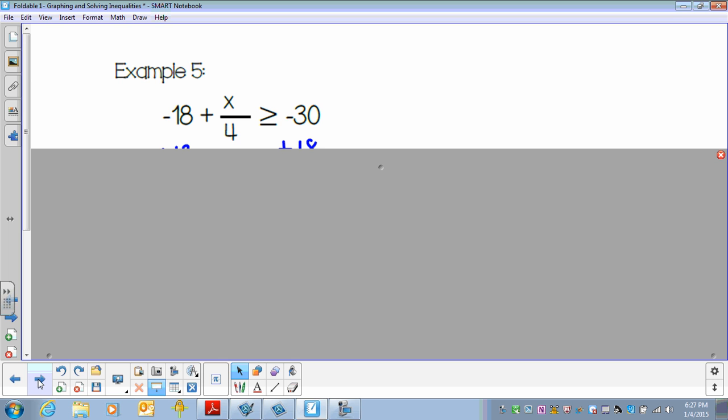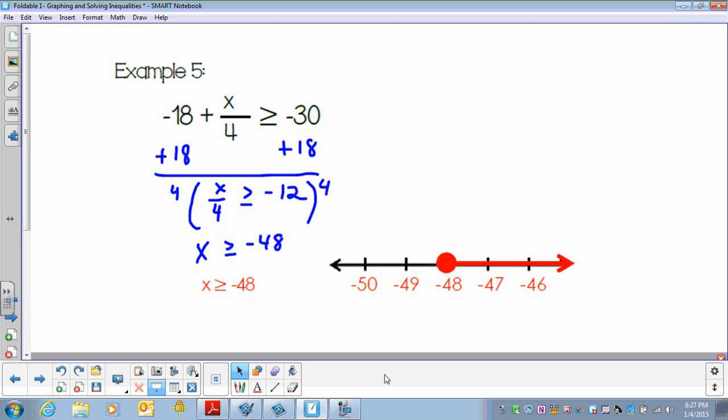Example 5, negative 18 plus x over 4 is greater than or equal to negative 30. Add 18 to both sides, then multiply each term by 4. x is greater than or equal to negative 48.